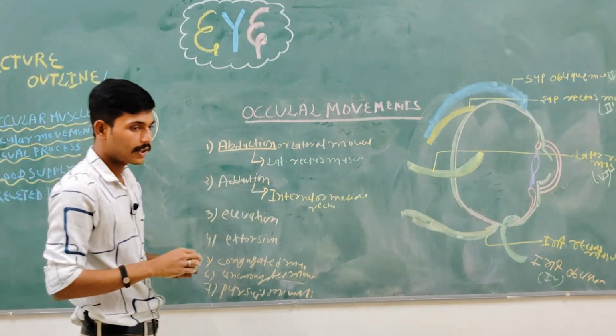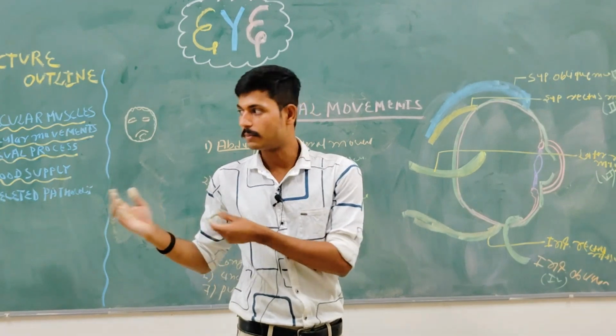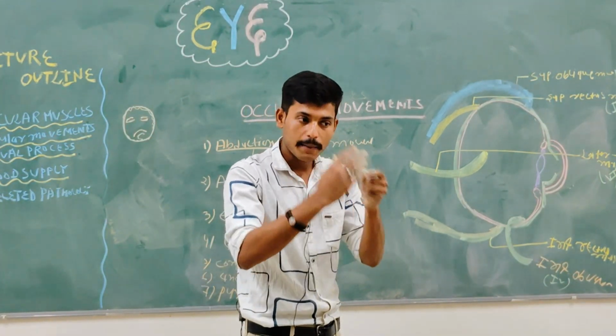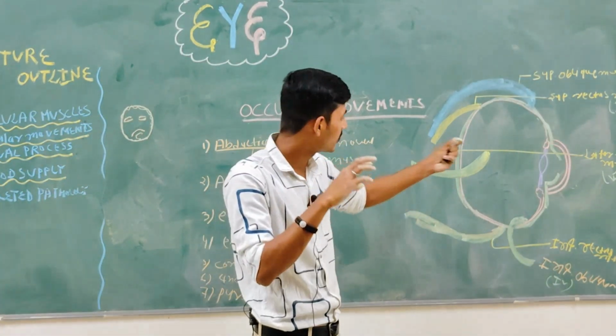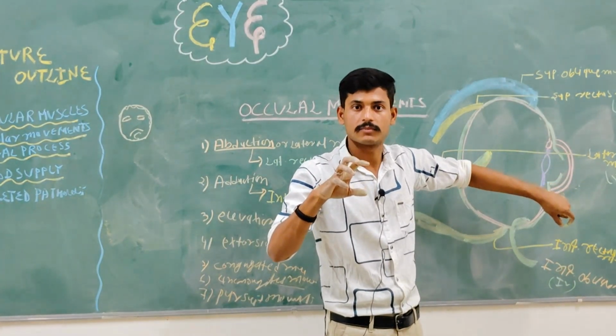Like when you enter a room, suddenly going from bright light to dim light, then I have to adjust. At that time the pupils constrict. Are you following?